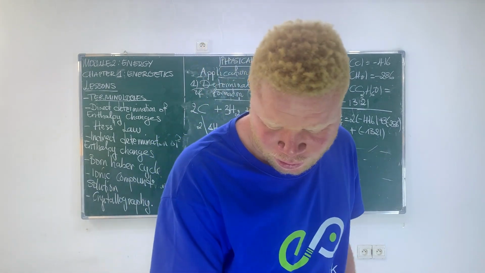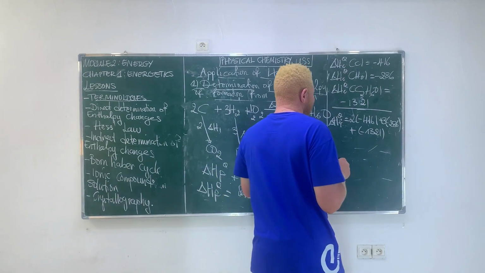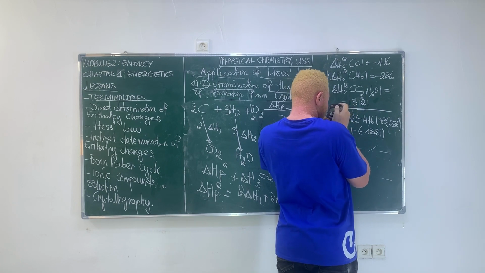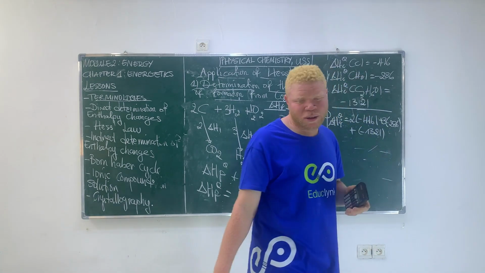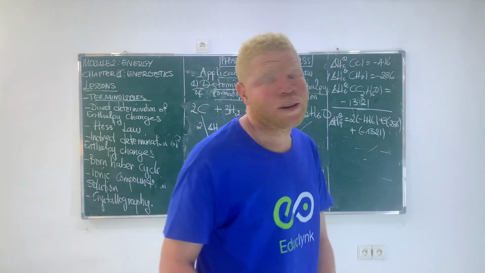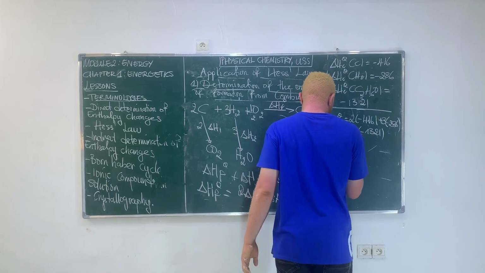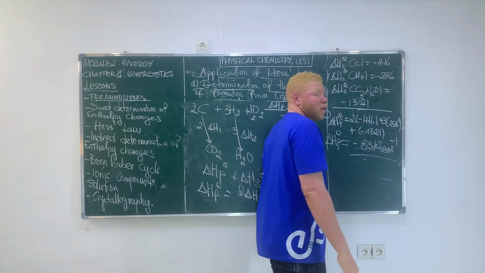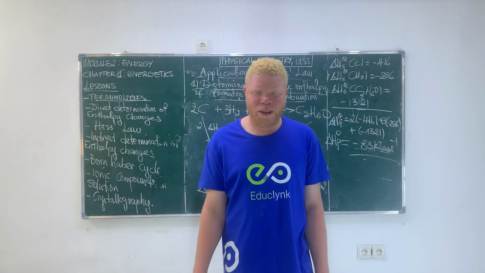You cannot just stop there; you need to get the final answer, so you punch it in the calculator. Two times minus 416, plus 3 times minus 286, plus 1,370. The result is in kilojoules per mole, and that's the enthalpy of formation of ethanol.